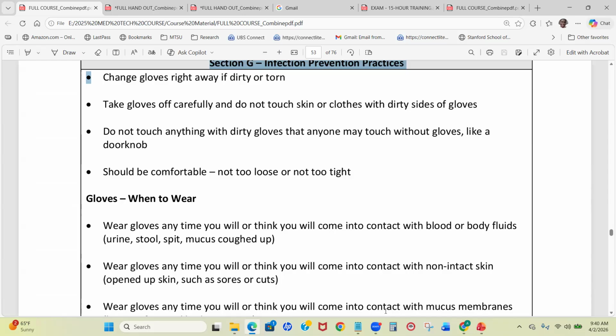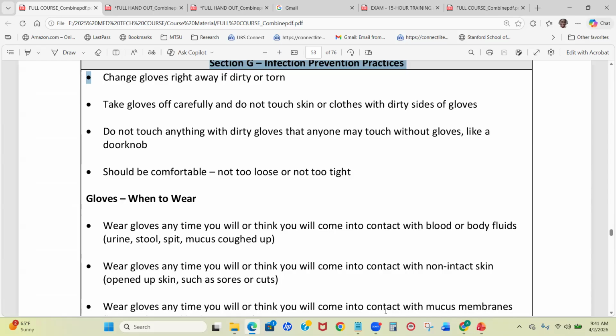So when do you want to wear your gloves? I promise you, when I go to work, anything about my patient, whether I'm going to put on their clothes, even if there's no fluid involved, I'll still wear my gloves, because I have learned over the past 21 years working in the healthcare field that even in the middle of putting clothes on the person, they might start coughing and spitting.